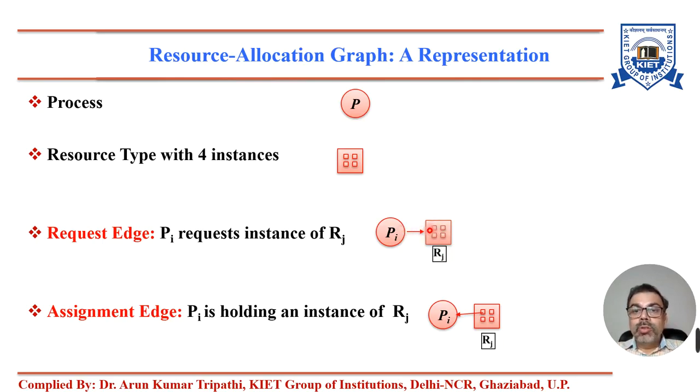It is not requesting a particular instance, it is requesting the resource, so the edge should be outside the rectangle. While in an assignment edge, a particular instance is assigned to the particular process, so there will be an arrow from that instance to that process. This is known as the assignment edge.